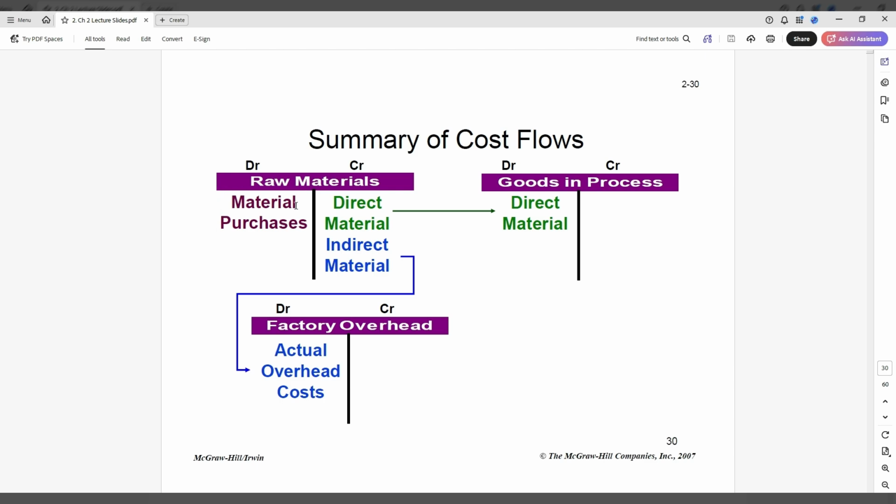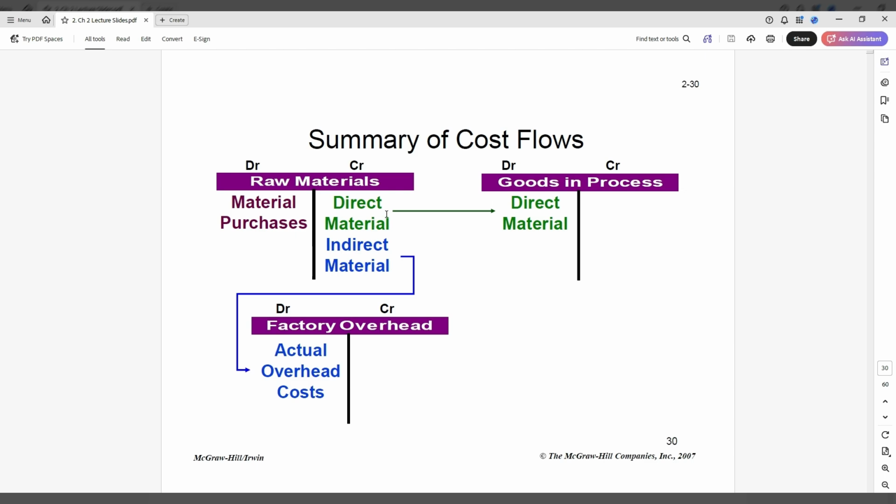Like I mentioned before, this can include direct materials, like the flour and sugar for bread or cakes, and also indirect materials like WD-40 or some packaging materials or glue, whatever it might be. That's not the stuff that goes directly into the product, but is part of the production process. So that's all included on the increase side of our asset, raw materials inventory account.